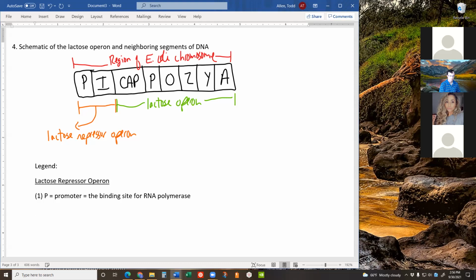Okay. To the right of the letter P, you have the letter I. The I is the gene symbol. It is a gene symbol. It's a letter. It's a representation of the gene called the lactose repressor gene.